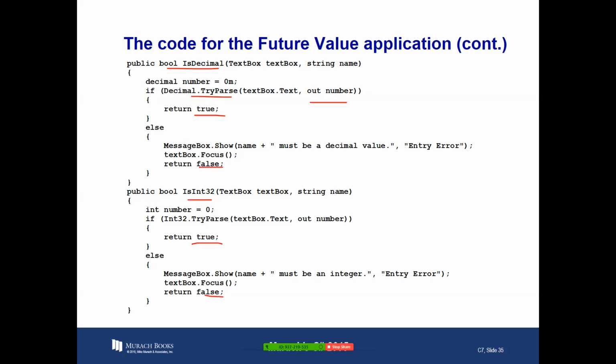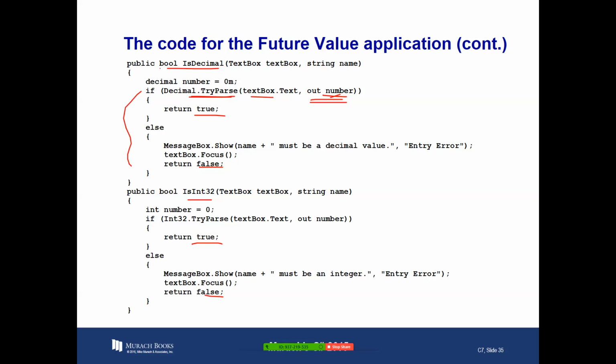We're only using TryParse to see if this is parsable. Now, if it's parsable, it's going to return what the parse value is, but we aren't going to use it down here, so we don't use it any place.